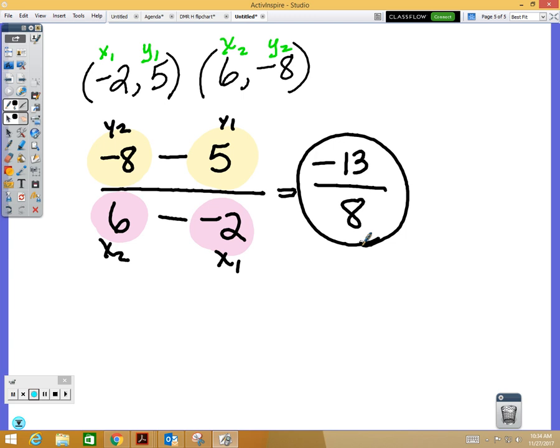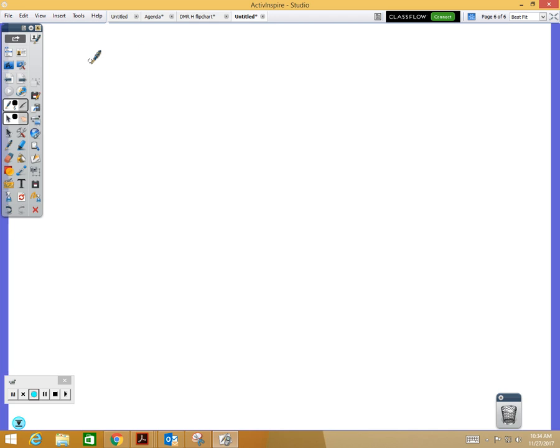A negative 8 plus a negative 5. Well, maybe I should have. Please try this one on your own.